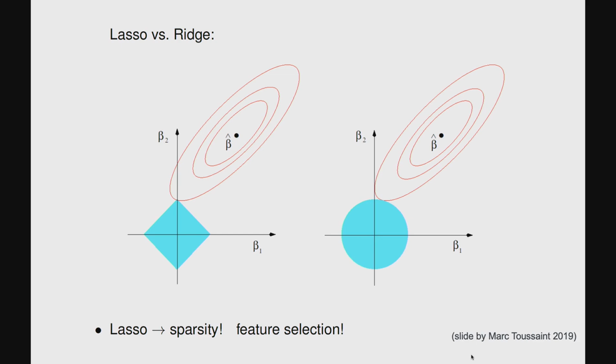And all the rest of my regression task is assigned to the remaining parameters. Whereas here with ridge regression, I would very rarely hit beta 1 equals 0. It's not impossible, but it's only really possible if beta hat would be up here exactly on the y-axis.